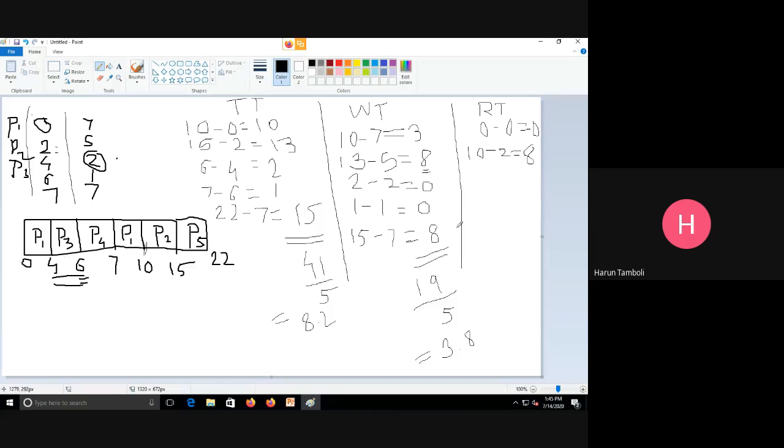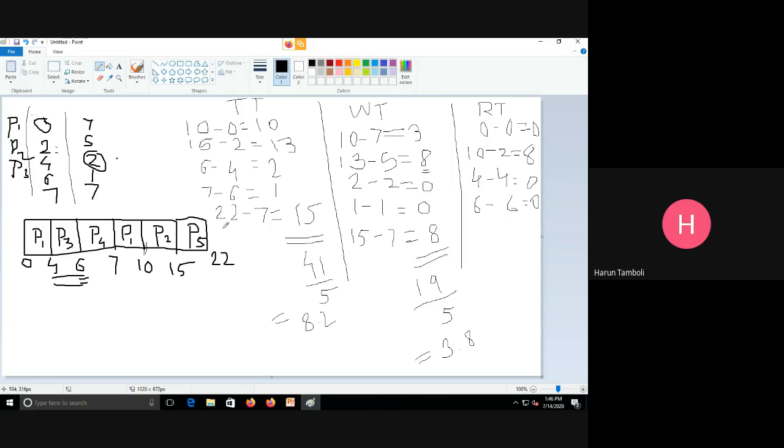For P3, it first got the CPU at 4 seconds and arrival time is again 4, so response time is 0. Similarly for P4, first got it at 6 minus arrival time again 6, so it is 0.